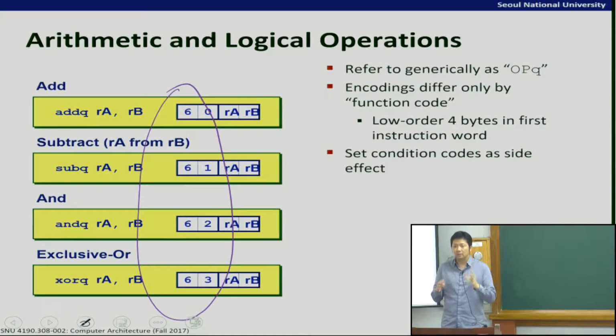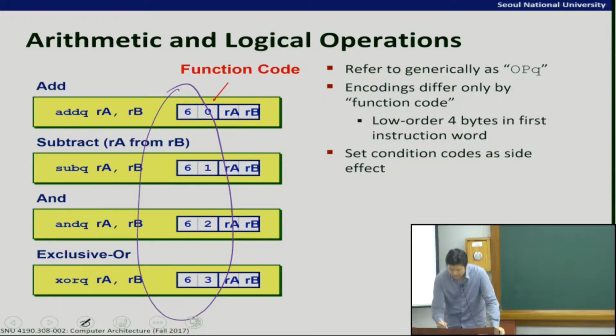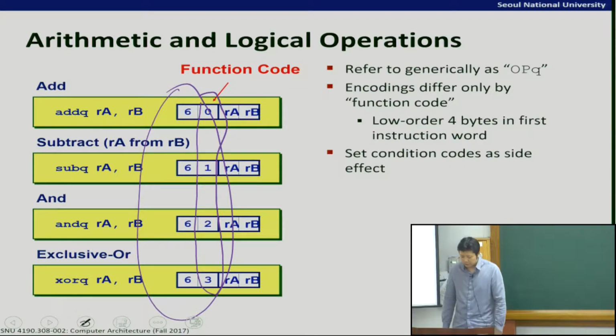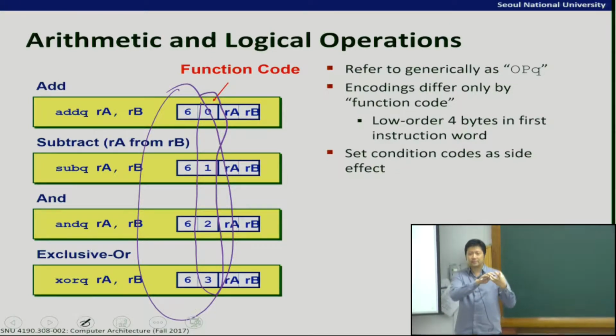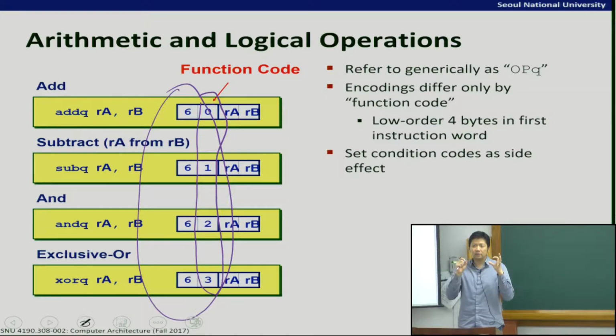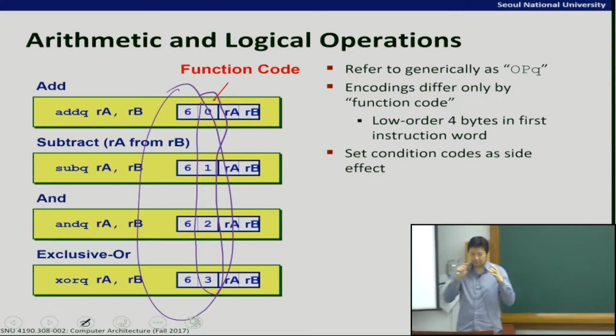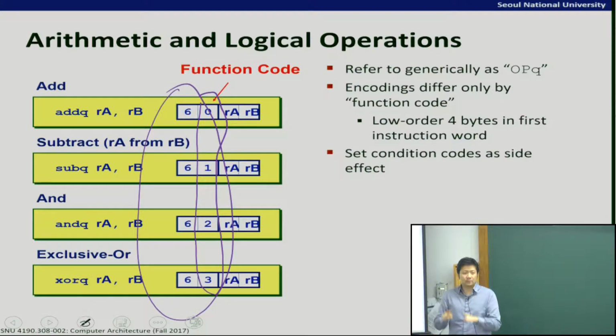Otherwise they are the same. By the way, the second nibble, the second 4 bits, is called the function code, because the first 6 indicates a so-called ALU instruction. ALU is the arithmetic logic unit. So 6 means an ALU instruction, and the second nibble is the function code, 0 through 3.